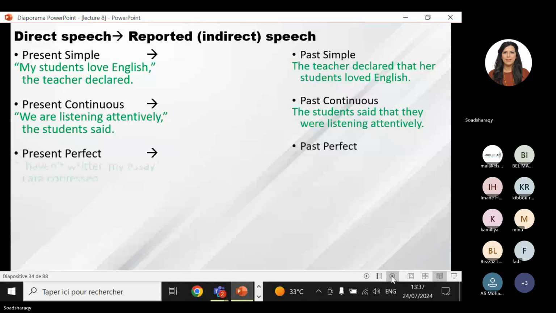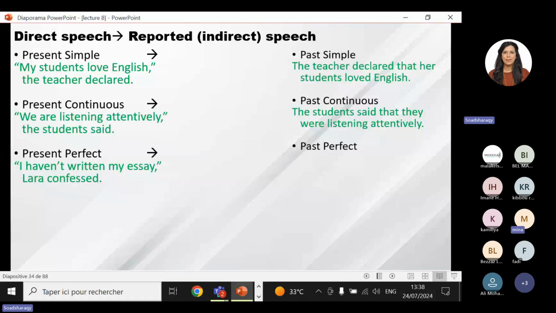Here you have another example. Can you read it? I haven't written my essay. Lara confessed. Reported speech.